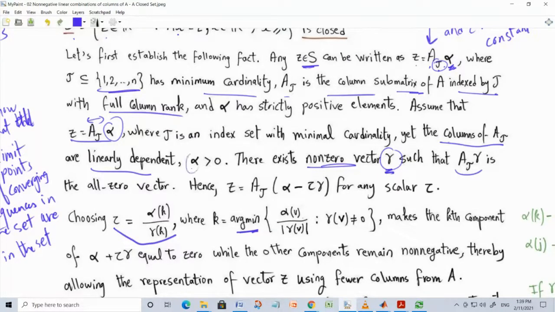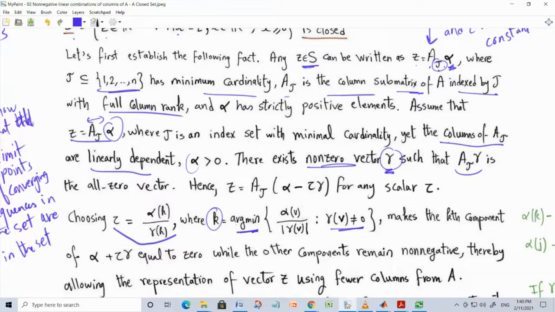So what you do is the following. You know vector alpha, it's a vector of positive elements. You know vector gamma, and exclude the components of gamma that are equal to 0. But we are guaranteed to have some non-zero components in gamma. So over those non-zero components in vector gamma, search for the index for which this quantity is minimized. The quantity is alpha v over the magnitude of gamma of v.